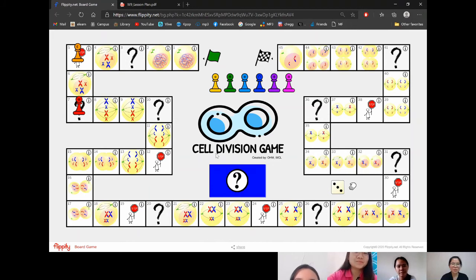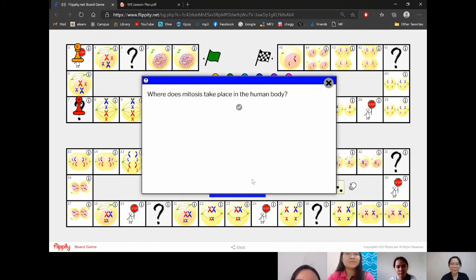Okay, so you have to click on the question mark card. Where does mitosis take place in the human body? Mitosis. Nucleus? We have egg cells, sperm cells, and what cells?